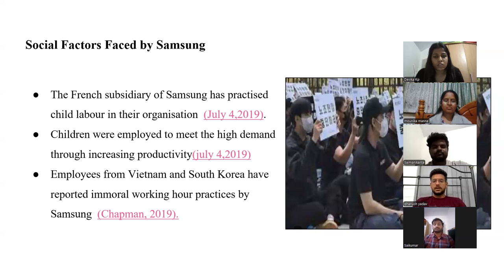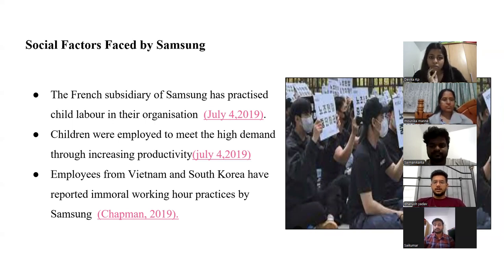Samsung faces social challenges on the grounds of ethical values, when a supplier of smartphone parts was accused of practicing child labor in its organization to increase productivity and meet high demands.